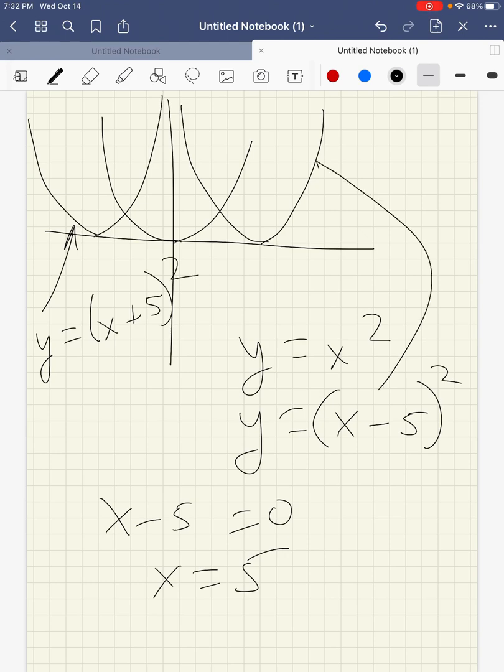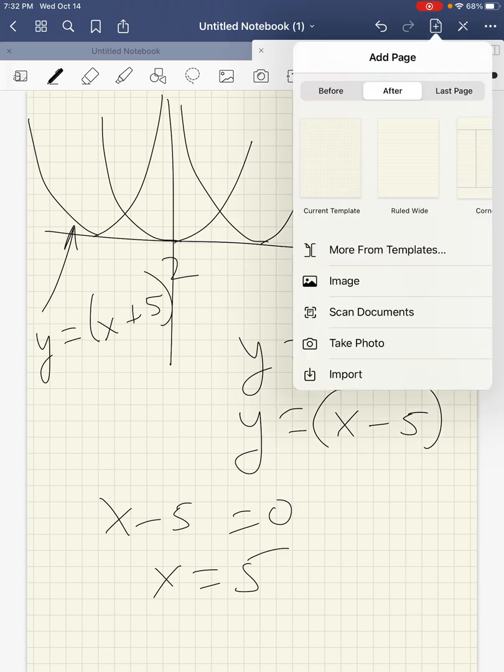Okay, this one is y equals x minus 5 quantity squared. All right, so if it moves up or down, if it goes up, it's a plus. If it goes down, it's a minus. But when it moves left or right, it's always got to be in parentheses, grouped with the x, and it has to be the opposite of the sign. All right.